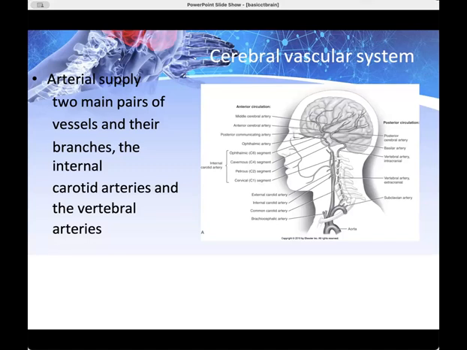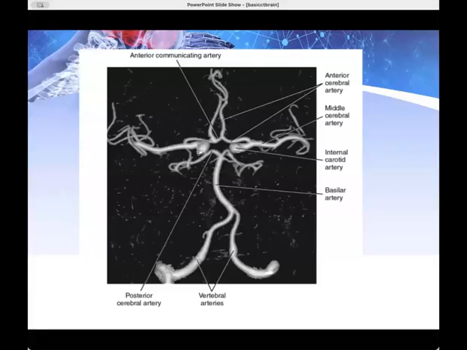Many normal variations of this circle may occur in individuals. The circle of Willis functions as a means of collateral blood flow between the cerebral hemispheres in the event of a block. Here we have a CTA of the circle of Willis.